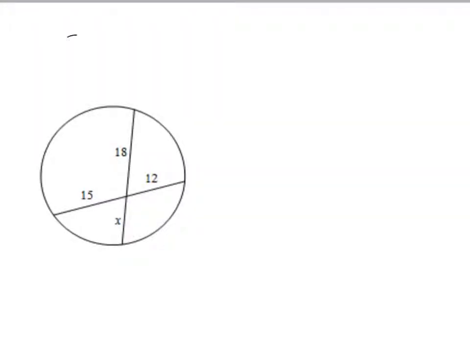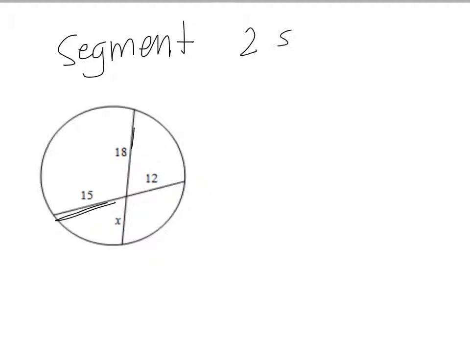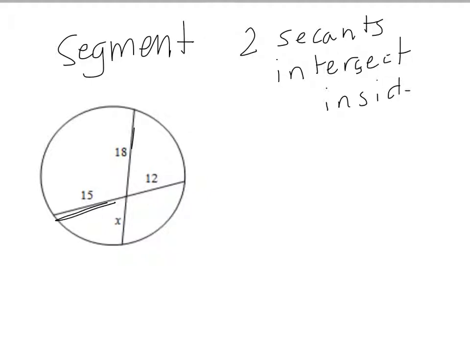Alright, this is a segment problem. Notice we're not dealing with angles and arcs, we're dealing with the length of segments. And because this is two secants that intersect inside the circle, my formula is PP equals PP. Part times part equals part times part.